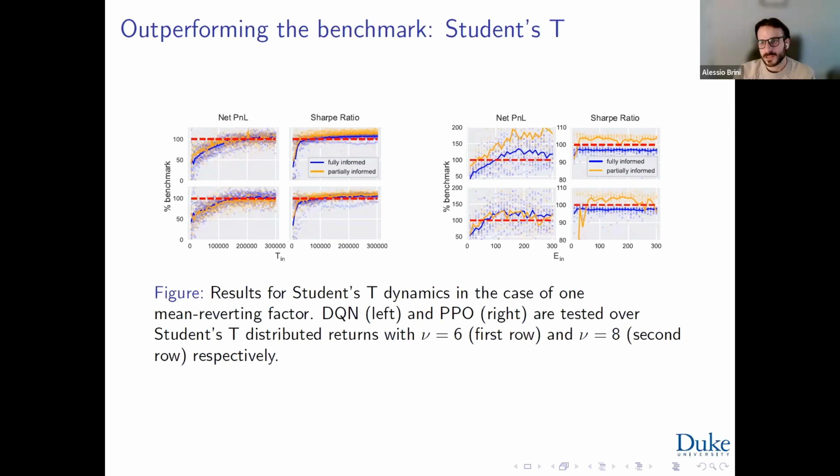And still, you see that the reinforcement learning agent is able to outperform, especially PPO, the solution that can be calculated by the optimal solution of the benchmark that we adopted. The problem for the benchmark solution now is that it's not optimal anymore, because you're not simulating the market according to a Gaussian, but you're using a Student's t distribution.